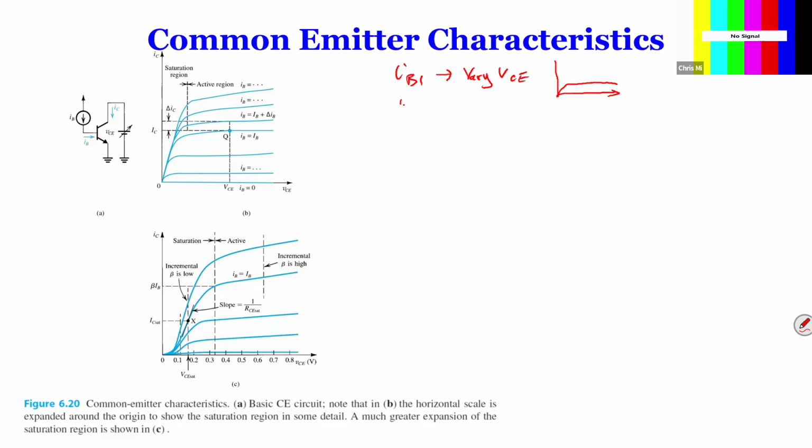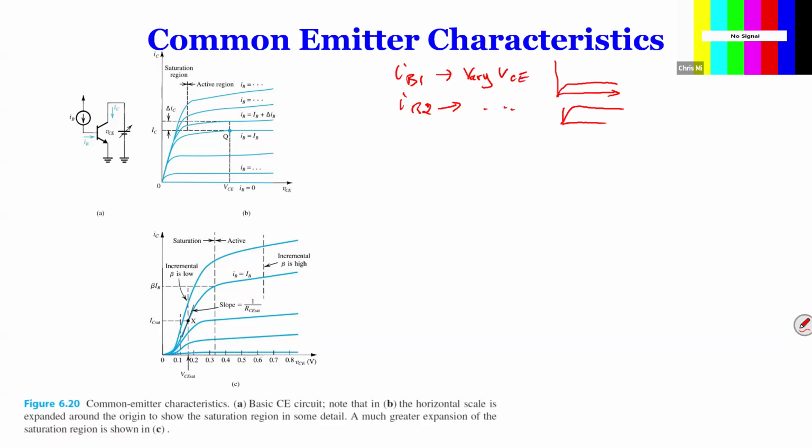And then you take IB2, do the same thing, and you get another curve. When you do many different IBs, you get a group of curves. You plot them together, and you get the graph at the top. That's what we call the common emitter characteristics, because the emitter is grounded.